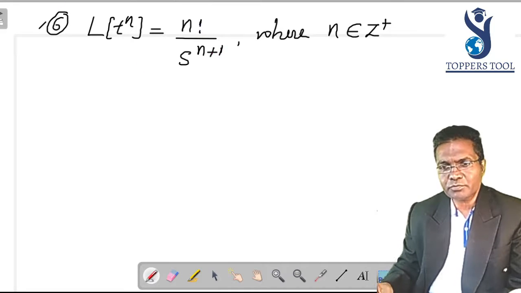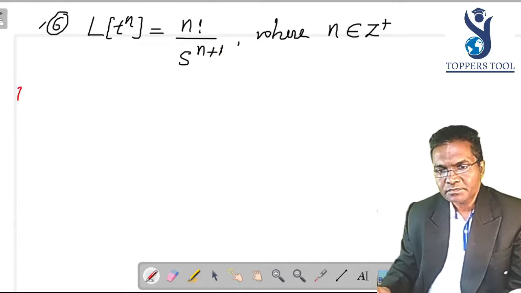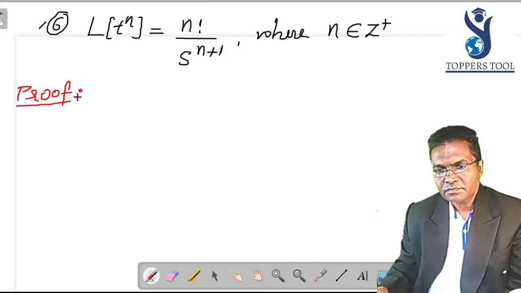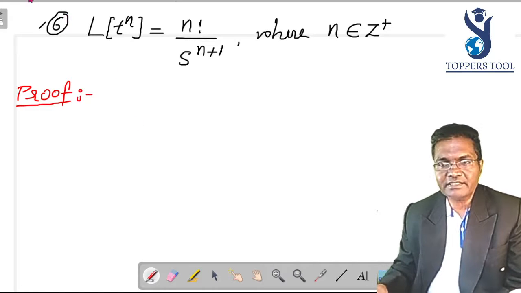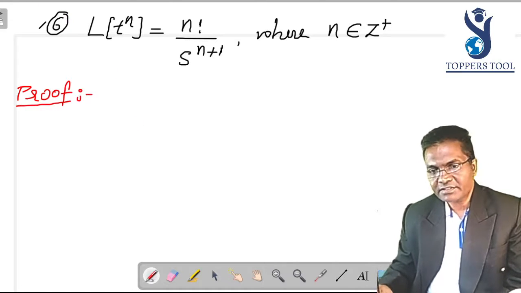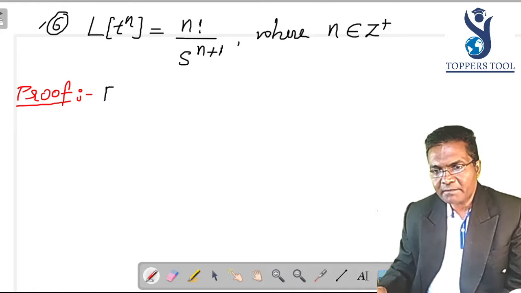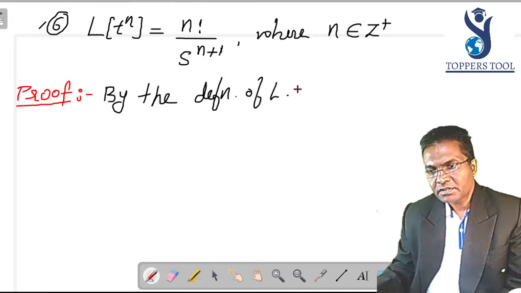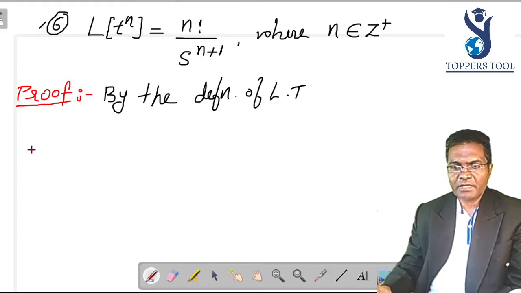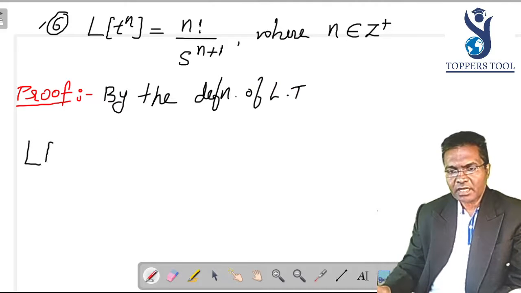So let's try to prove this. From among all the previous proofs, this could be asked in the exam. So let's, by the definition of Laplace transform, as you know the definition, let me write it first.